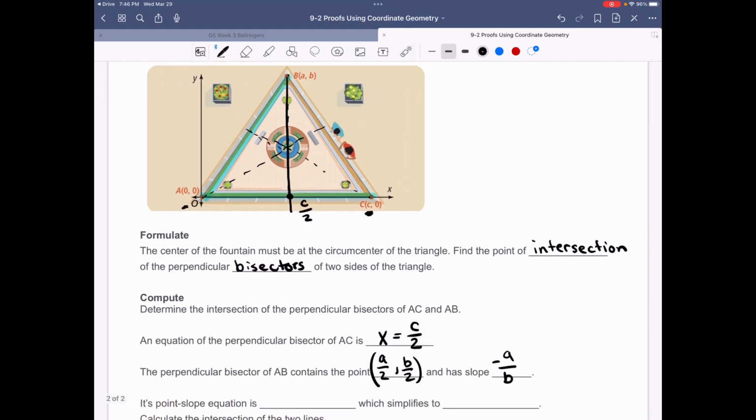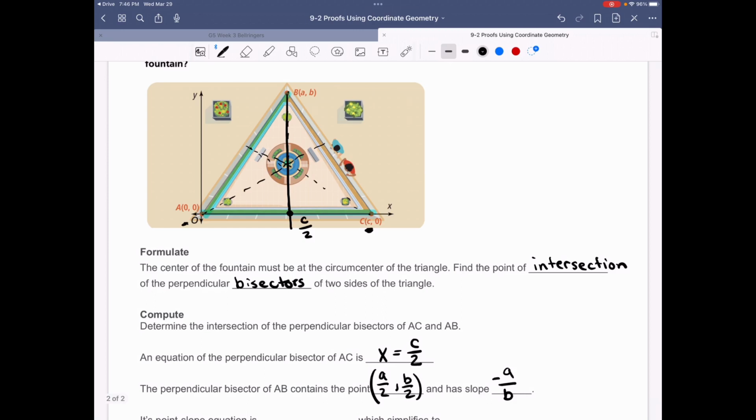And the reason why that is true is because we're looking at this line right here, and the midpoint of that is a over 2, b over 2. And it's going this direction. And why is the slope negative a over b? Because you would go down a distance of a and over a distance of b.